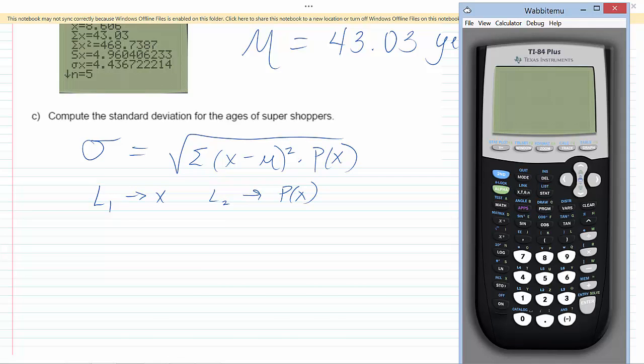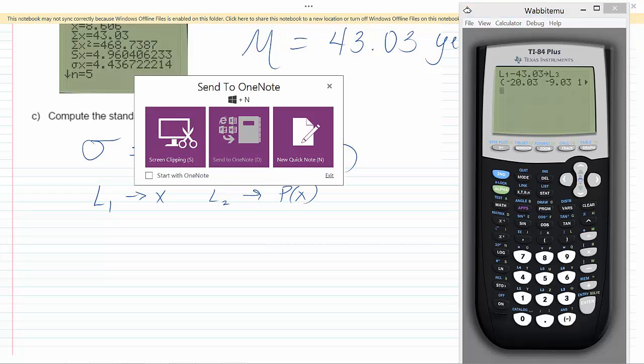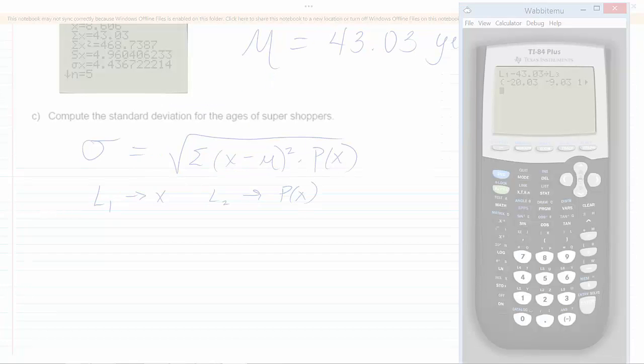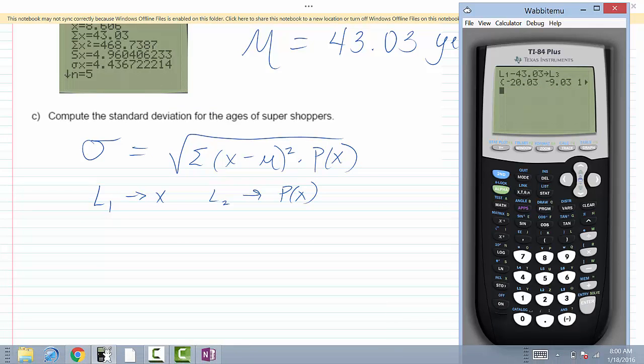And now I'm going to say I want to do L1 minus my mean, 43.03, and I want to store those in L3 because I don't need the x times p of x's anymore. So I stored those in L3. I'm going to write that down to show my work.